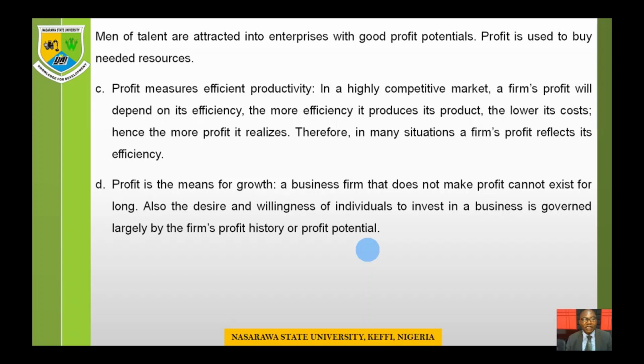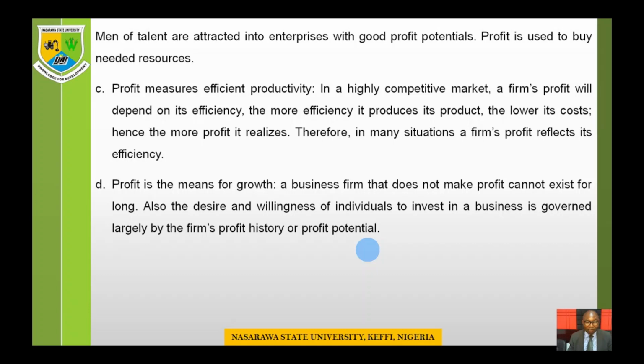Men of talent are attracted into enterprise with good profit potentials. That is, men that have talent, they have what it takes. They are attracted into organizations or enterprises looking at the potentials that the enterprise have with respect to making profit in the future, because they know that their welfare, their well-being is predicated on the profitability of the organization.